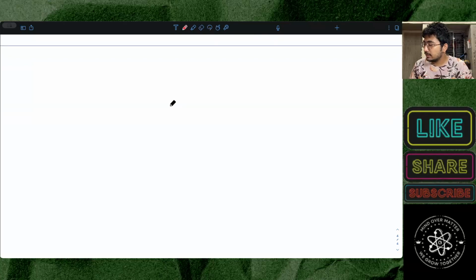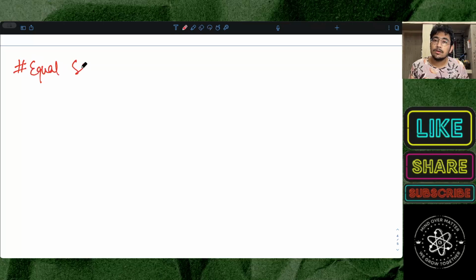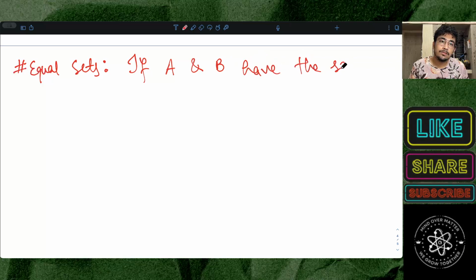Another thing is equal sets. If A and B have the same elements, then they are equal sets.